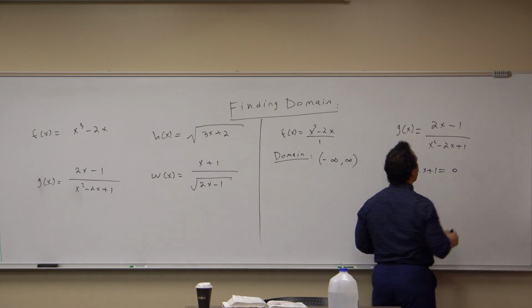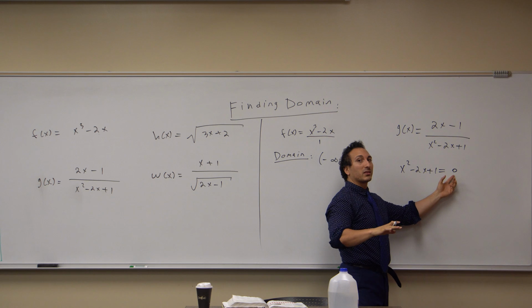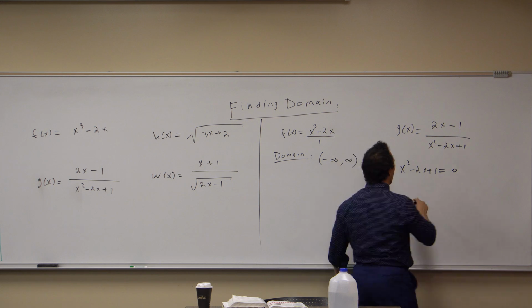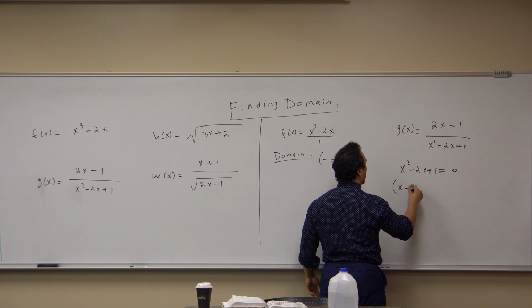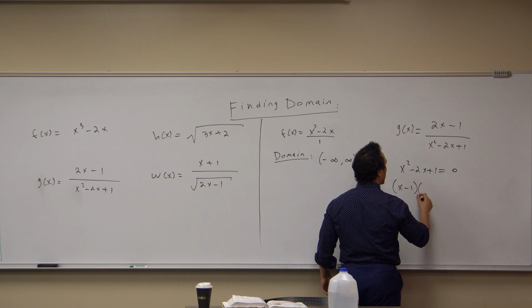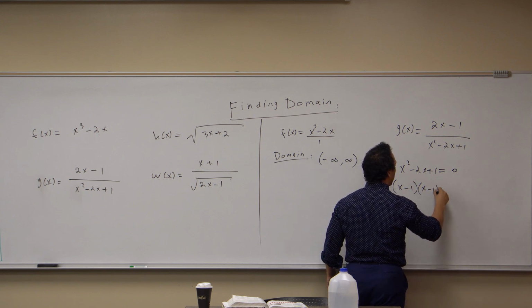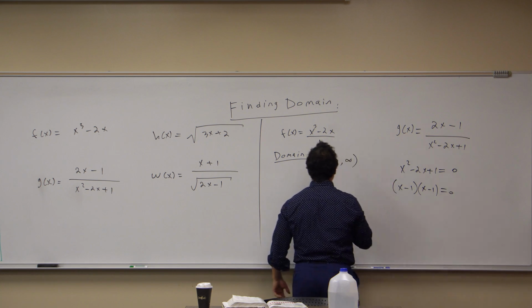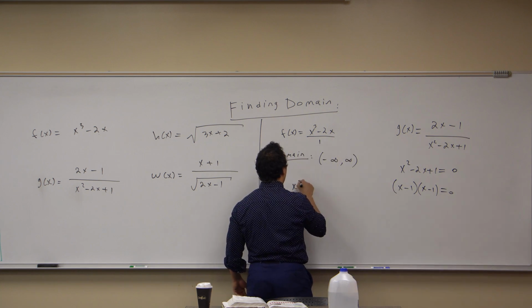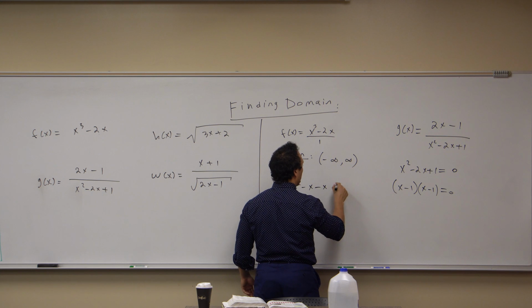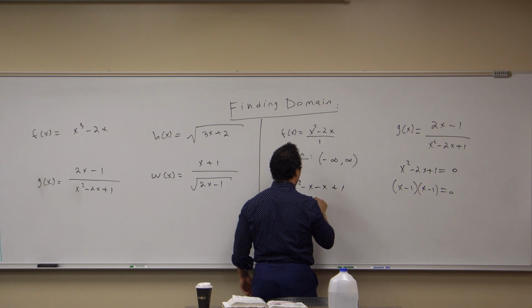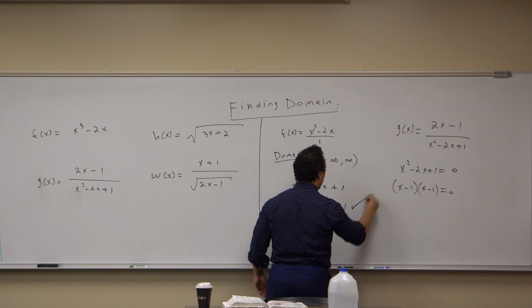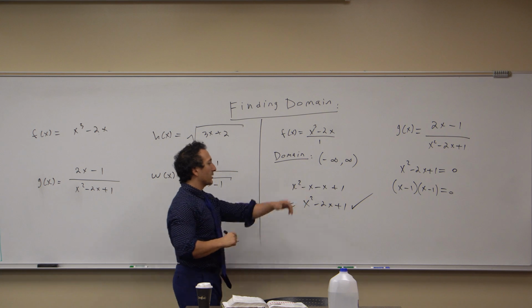We have to set the denominator equal to 0 because we want to find the naughty values. We notice that x squared minus 2x plus 1 can be factored into x minus 1 times x minus 1. Check, this is correct.